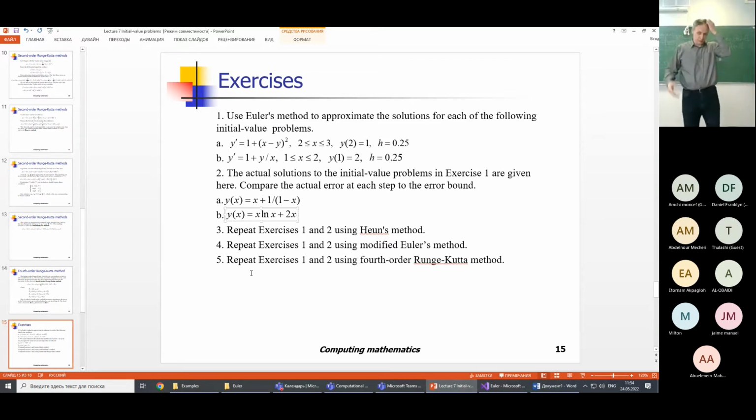But you can use your calculator to check. But yes, it seems to be correct.